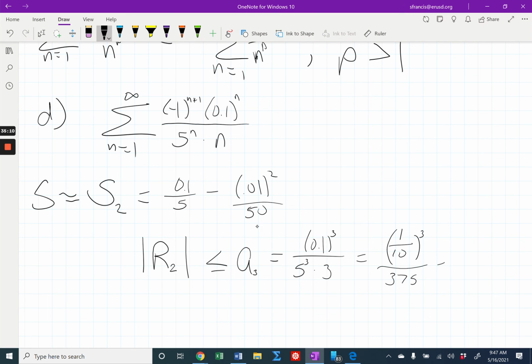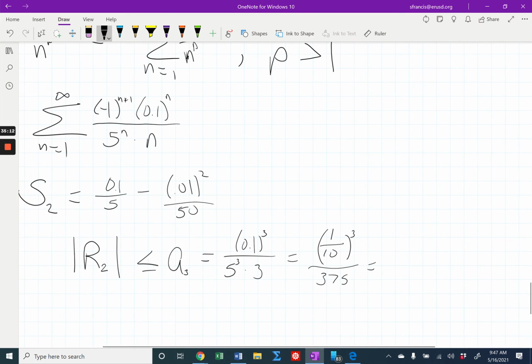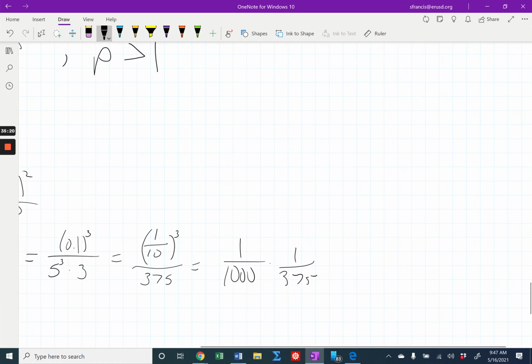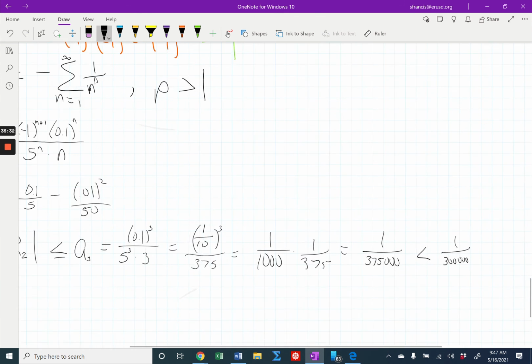And so this becomes 1 over 1,000 times 1 over 375, which is just 1 over 375 followed by 3 zeros. And that is clearly smaller than 1 over 300,000. And that's it. That's all you had to do for that second part.